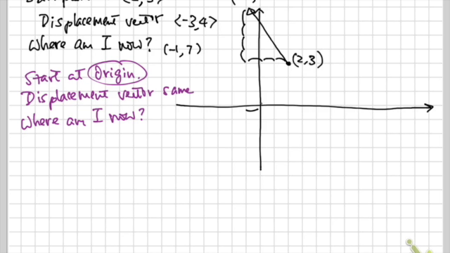Well, if I start at the origin, which is right here, and I use the vector -3, 4, 3 units this way and 4 units that way, then I'm going to end up at that place, and I'm sure you can figure that out. So that's going to be just -3 and 4. So if you start at the origin, the displacement vector would exactly bring you to your final point of location.